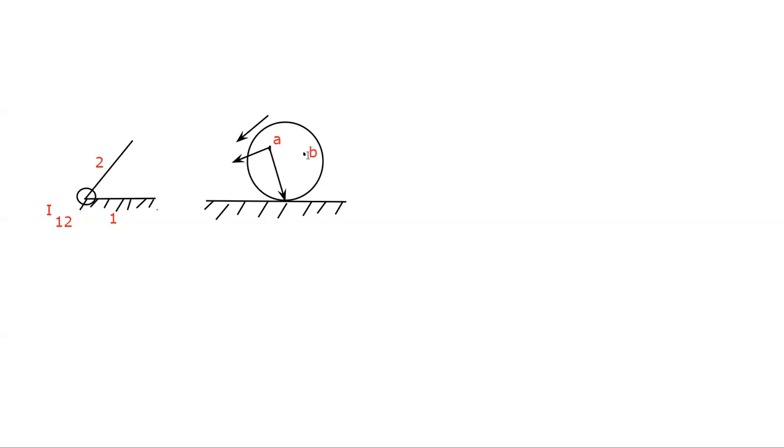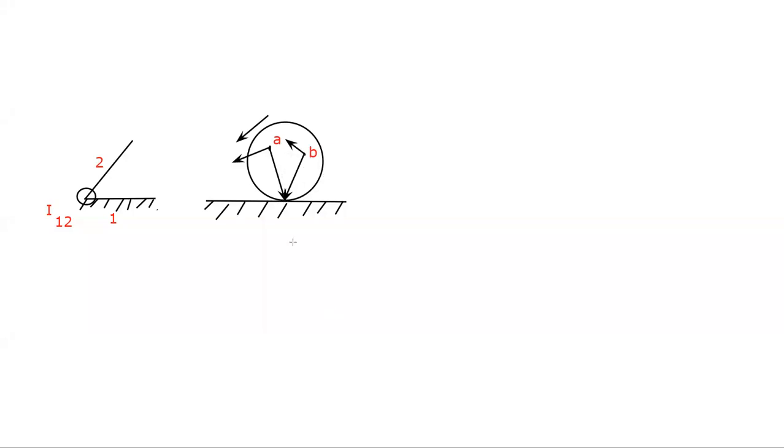The point above will try to come down, and the point below will try to come up. So this is the velocity of point B. If I draw a perpendicular, it will be here. You can see it is always 90 degrees. Just remember this, it is always 90.